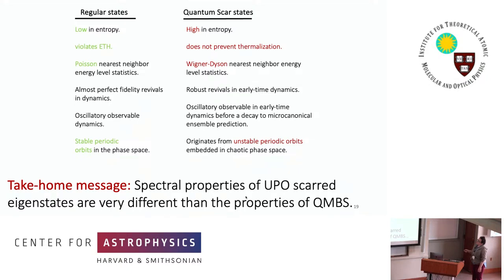They show chaotic behaviors, and even though there is some early oscillatory behavior in the observables, eventually the observables thermalize. So the take-home message is the spectral properties of UPO scarred eigenstates are very different from the properties of the quantum many-body scars. Okay, I'd like to pause here and ask whether there are any questions.